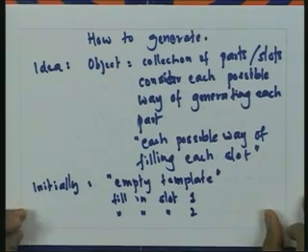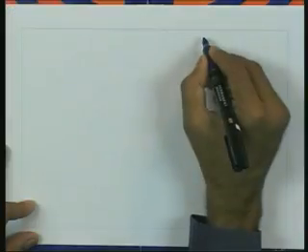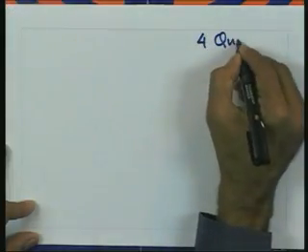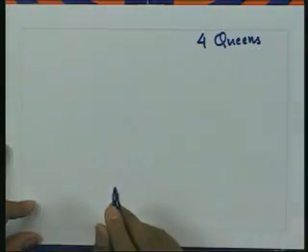Let's take an example, and that will make this idea very clear. Let's take the example of 8 queens, but since this page is small, let's just make it 4 queens. So what do we have?